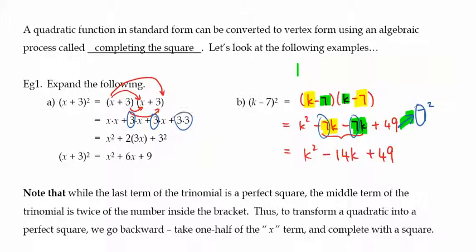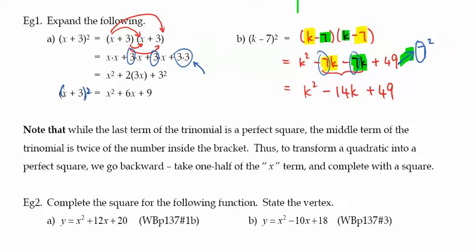So if we can turn a trinomial back into something that shares the same number all the time, you will be able to complete the square and turn a trinomial like this into a perfect square. So this will be our goal.